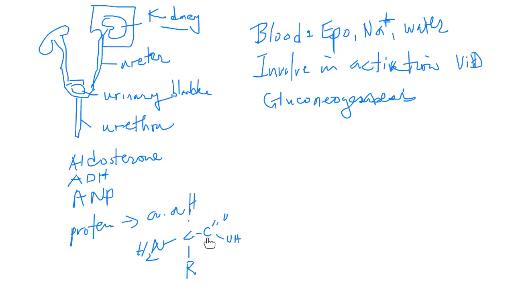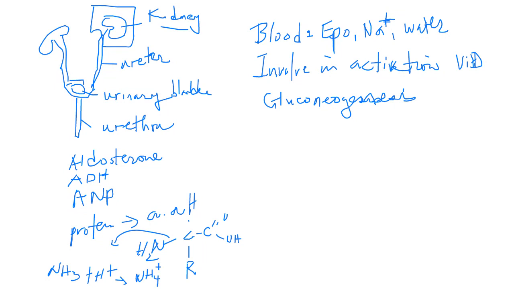If you're going to use the amino acid as a carbon source, the first thing you have to do is remove this NH3, the amine group, which becomes ammonia. And ammonia can be protonated to become ammonium. These are very toxic molecules in the body.